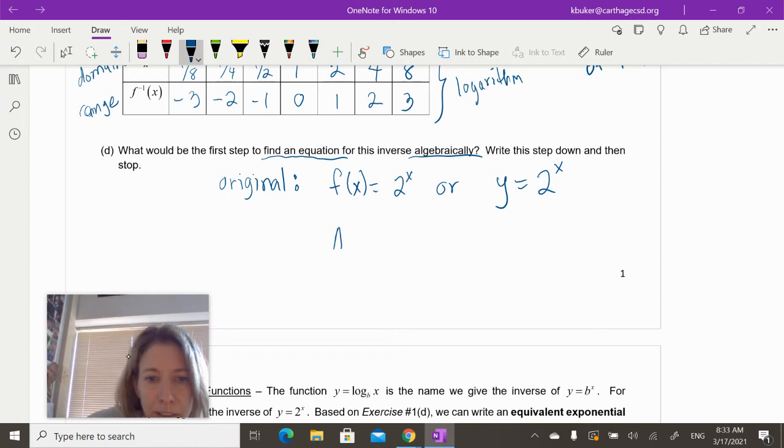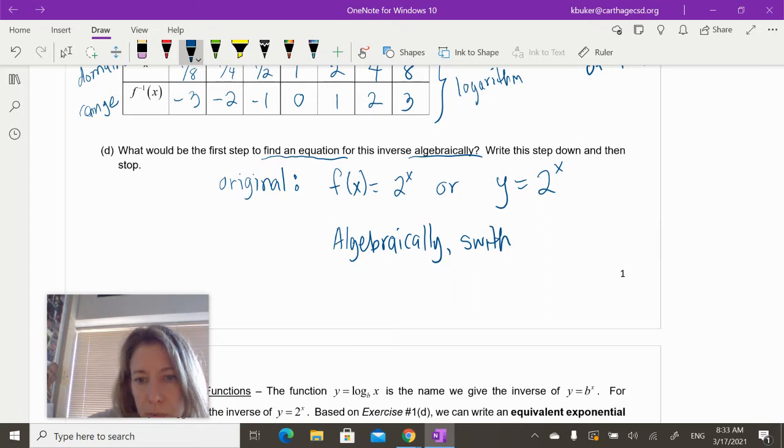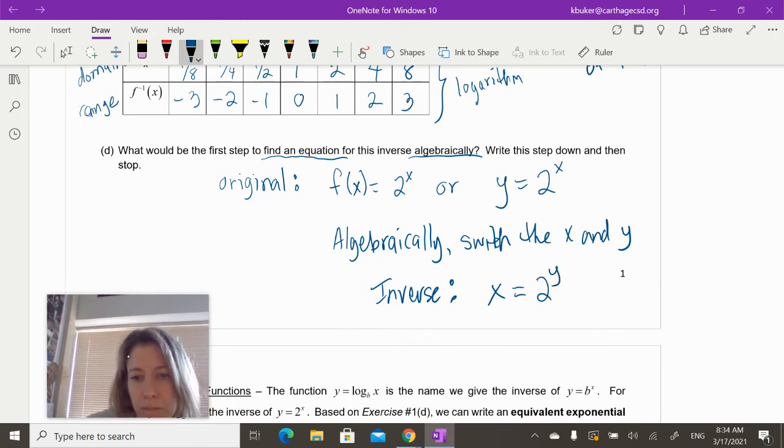So algebraically, I just have to switch the x and the y. So algebraically, the inverse of the function, instead of y equals 2 to the x, is going to be x equals 2 to the y. So this is the inverse.